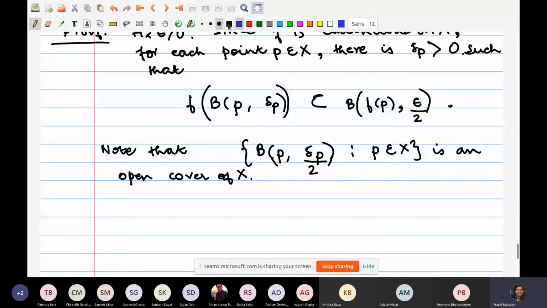You look at a set X, and you look at a point P in the set X, and you look at neighborhoods of the point P. So this is some positive radius delta P by 2, and allow P to vary throughout X. Then their finite union will be in this only because of compactness.